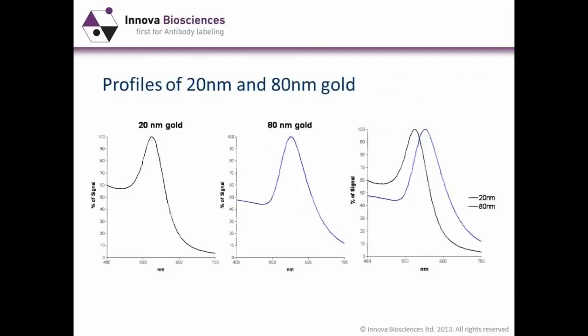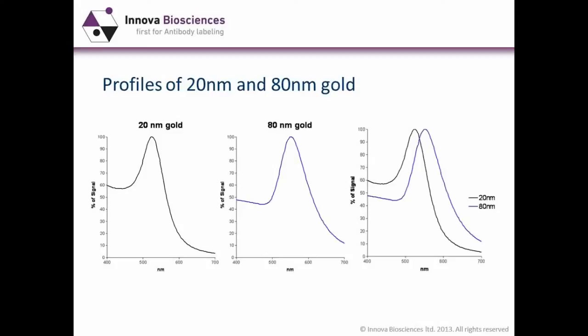I'm going to illustrate this with 20 nanometer and 80 nanometer gold, which give these profiles. So this is 20 nanometer, 80. When you overlay the curves, you can see that the 80 nanometer size is right shifted. So this is the size sensitive region, and the 20 nanometer plasma band is shifted slightly to the left.